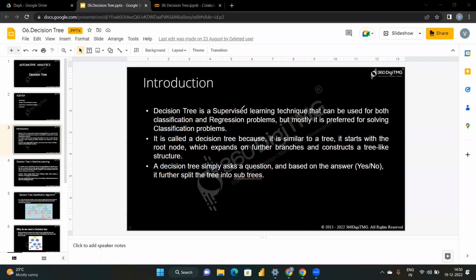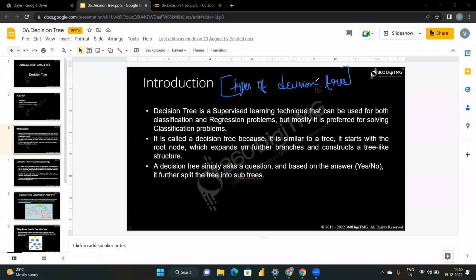If you ask me, before going to the decision tree in machine learning, let me explain to you what types of decision trees we have. Types of decision trees. We have four popular types of decision tree algorithms: ID3, CART, which is nothing but classification and regression trees, chi-square, and reduction in variance.